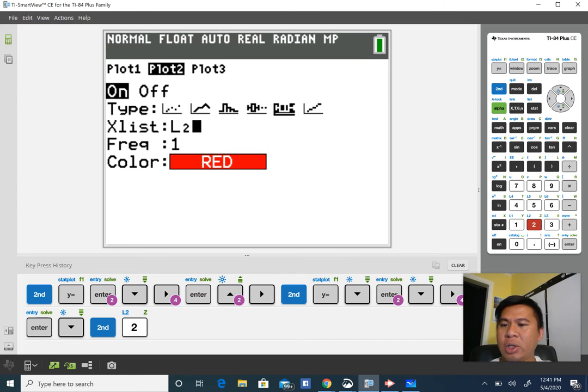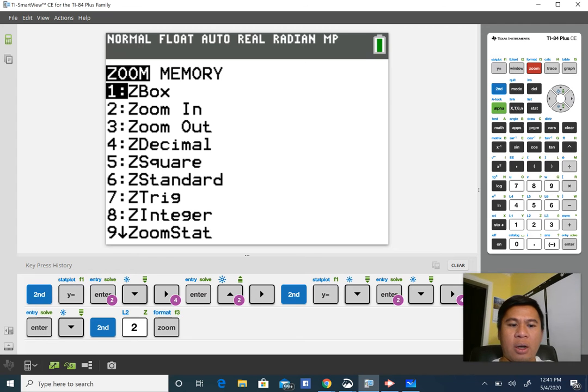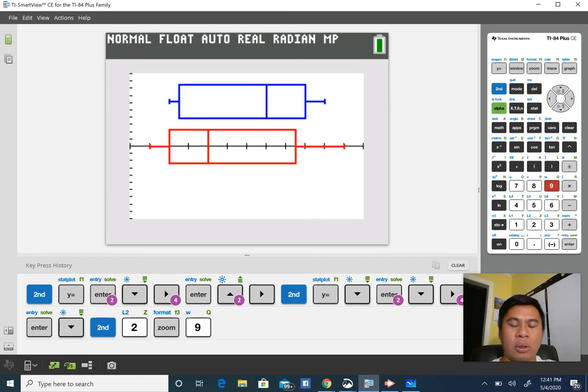After this, I'm going to click on zoom, and I click on zoom stat, which is number 9. Here, I see the blue one and the red one, where the blue one is my L1 for the turkey, and the red one is my ham.